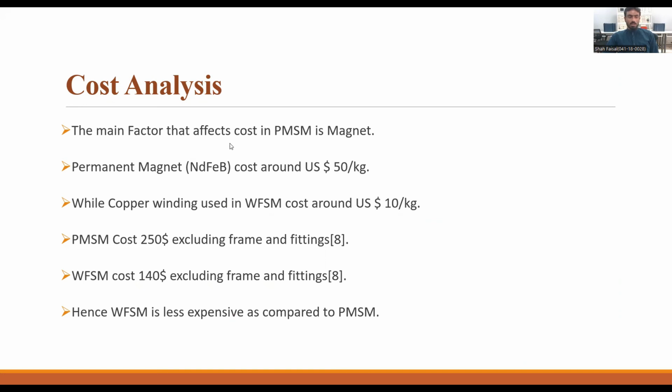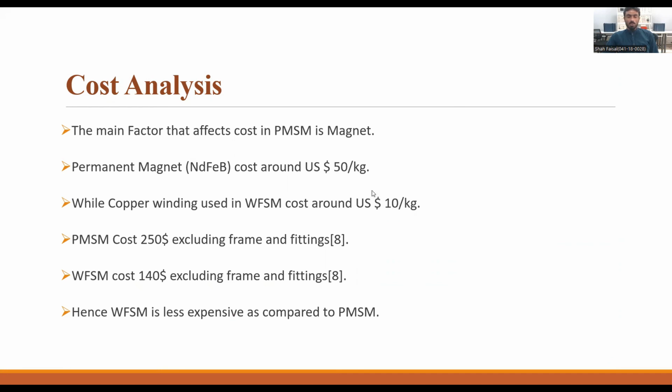Cost analysis. We analyzed its cost on the basis of the materials used. The main factor that affects cost in a permanent magnet synchronous motor is the magnet. NdFeB magnet costs around $50 per kg, while the copper winding used in the wound field synchronous motor costs around $10 per kg.